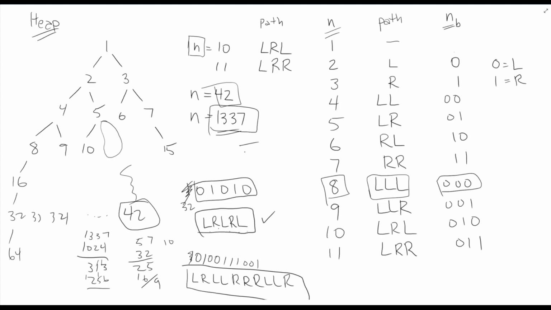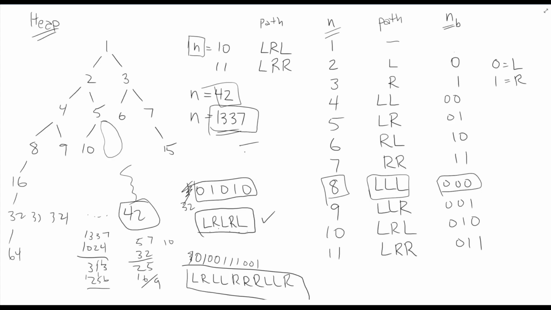Up to maybe 2 to the 16 is a pretty good range as well. And so practice with those, and then again, this is a great interview or exam question where someone might ask you, what is the sequence of lefts and rights to reach position n in a binary tree or a binary heap as we've been thinking of it here. And so it is worth knowing and practicing for that reason as well.